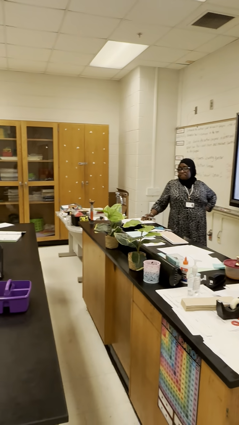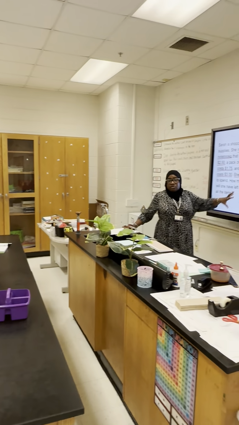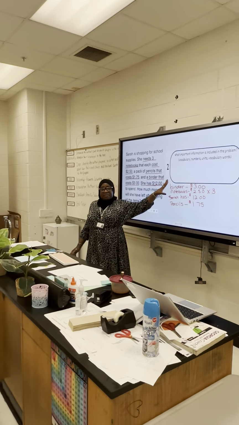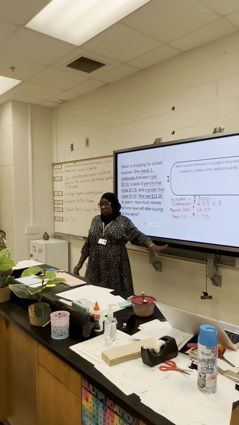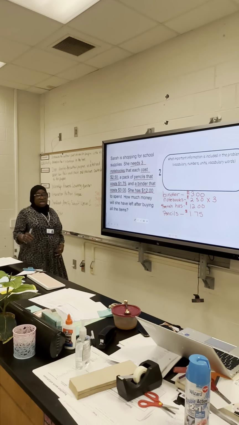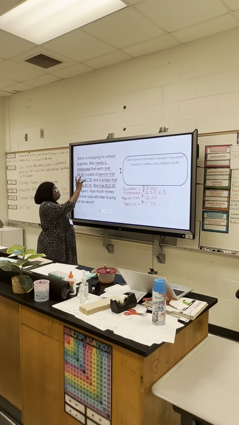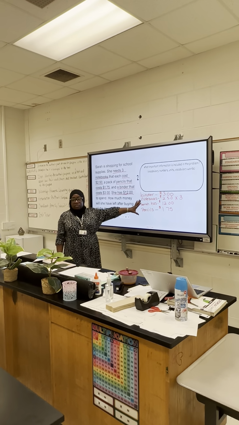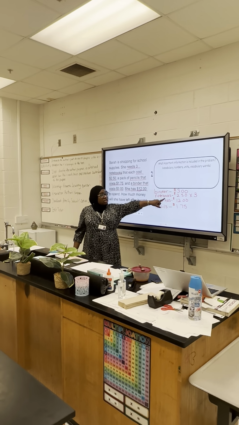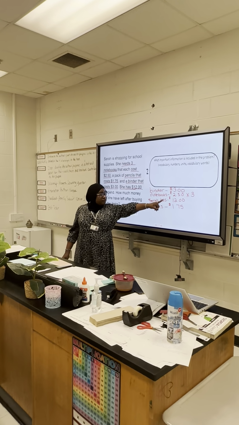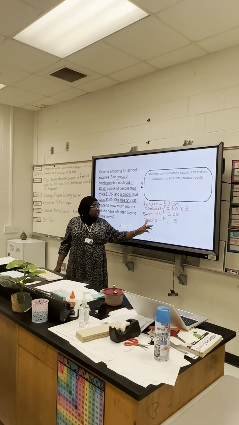When we take the numbers out of all of the rest of the words, it makes it a little easier to understand what we're working with. So we didn't just read it. Now we're taking it apart. Binder costs $3. Notebooks cost $2.50, and she needs 3 of them. She has $12. And her pencils are going to cost $1.75.